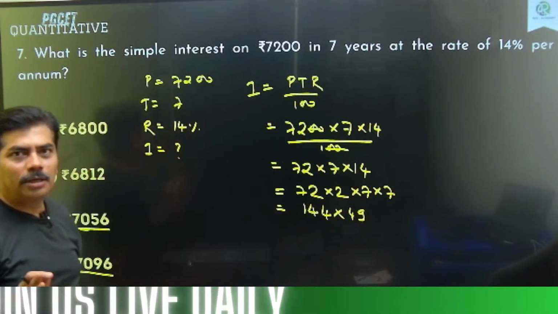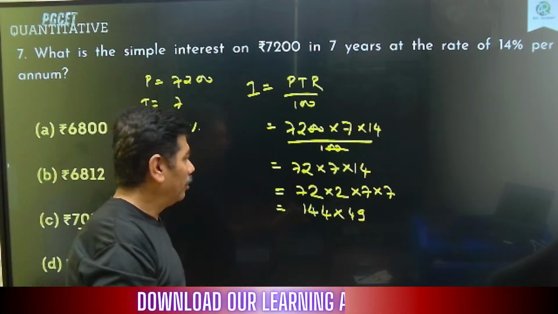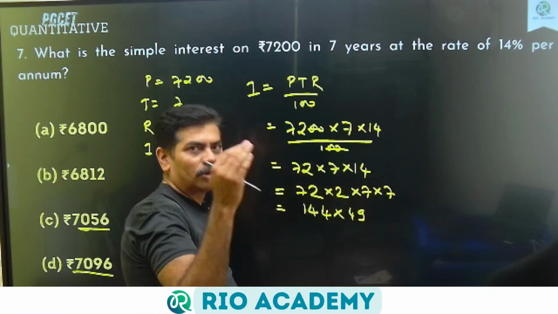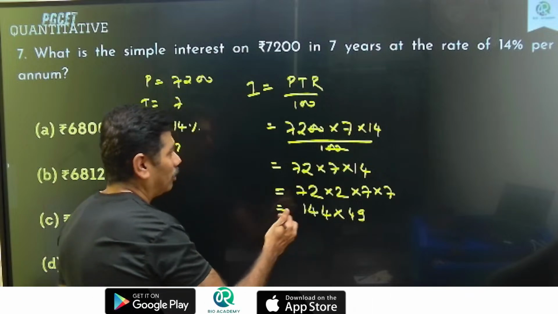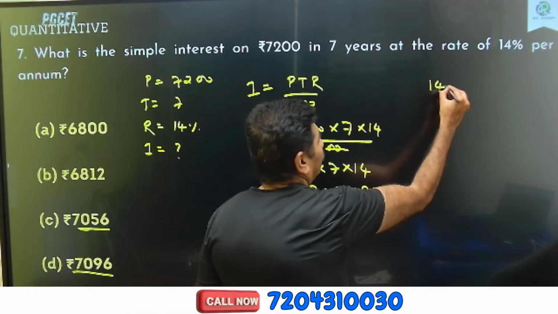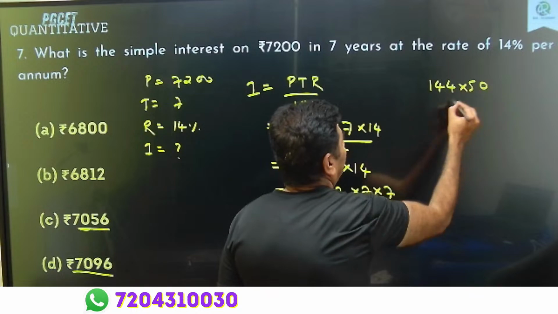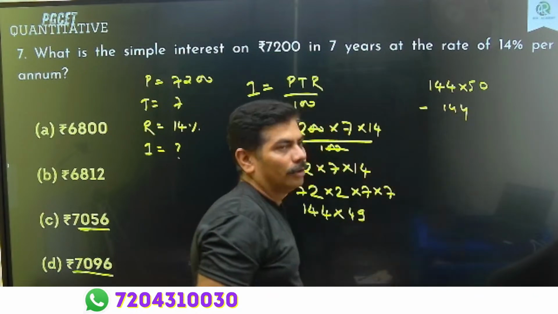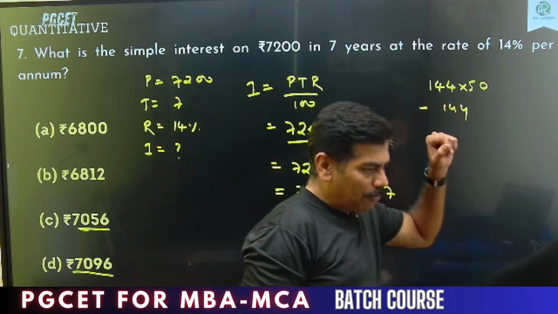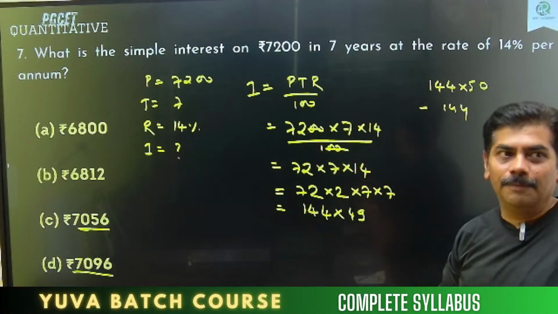It is near to 50. So this is 144 times 50 minus 144. Why did I take 50? Because multiplying with 50 is very easy.